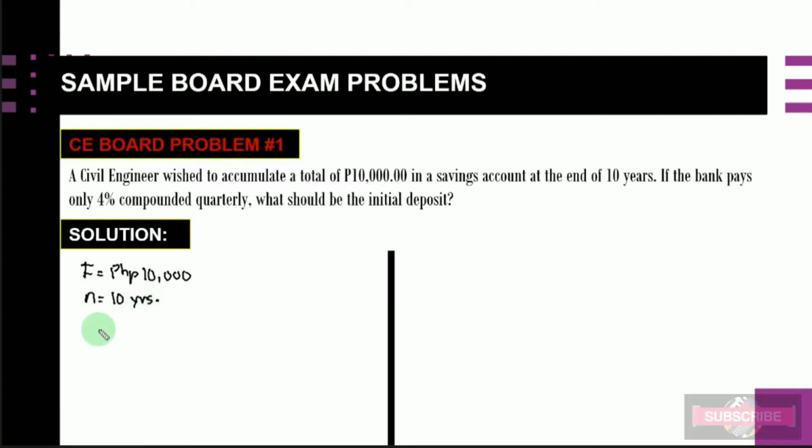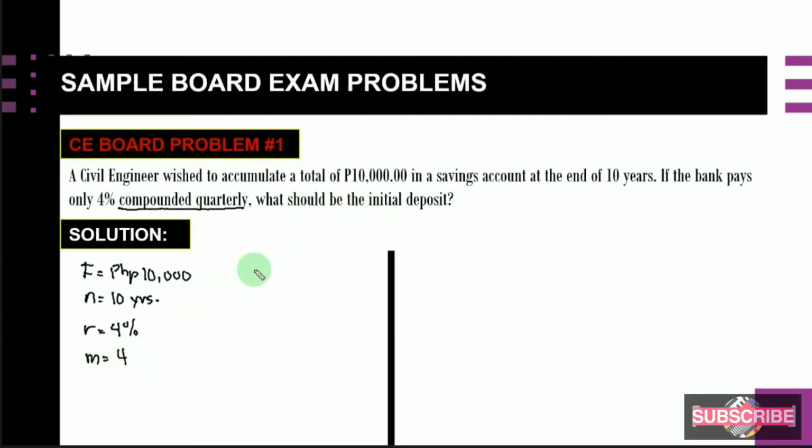And if the bank pays only 4% compounded quarterly, take note, when you encounter these compoundings, the interest rate preceding the word compounded, quarterly, is simply your R, your nominal rate of interest, which in this case is 4%. And quarterly means your M is equal to 4, because there are 4 quarters in a year.